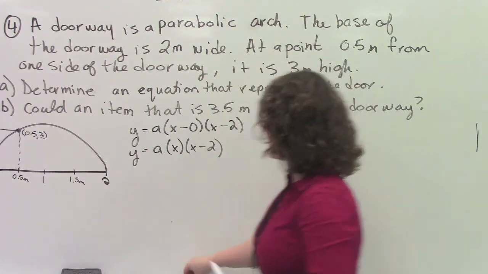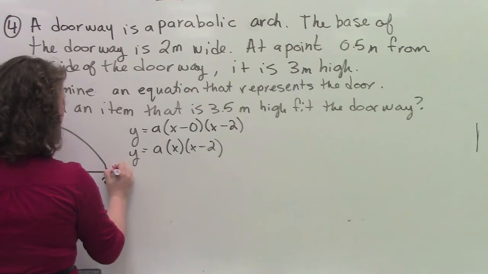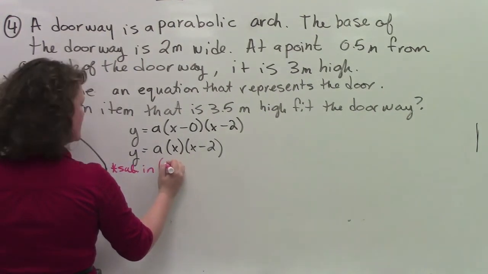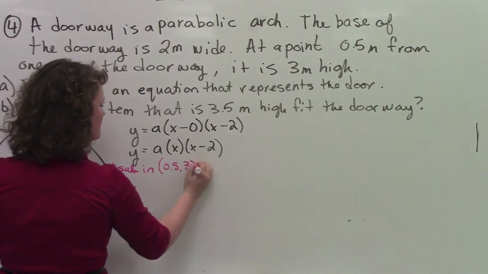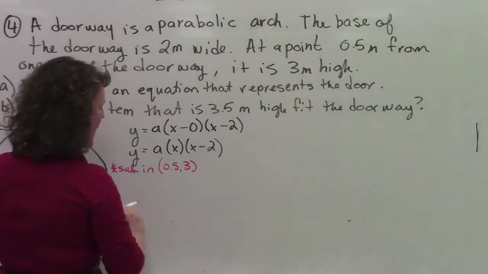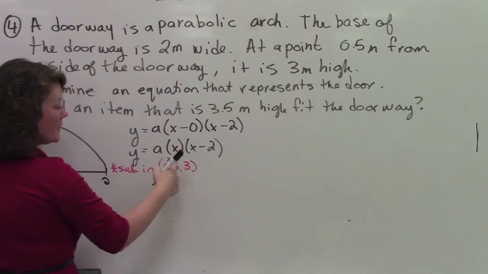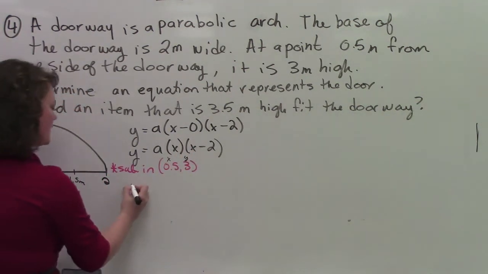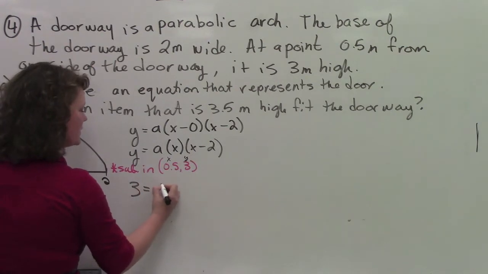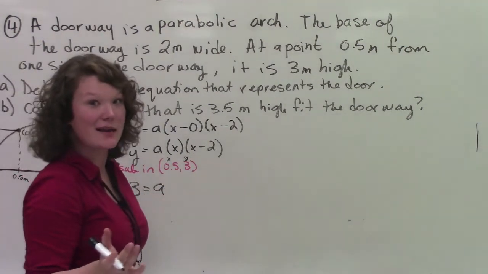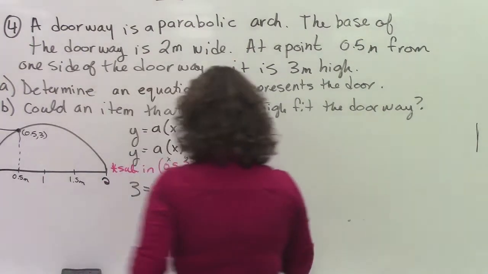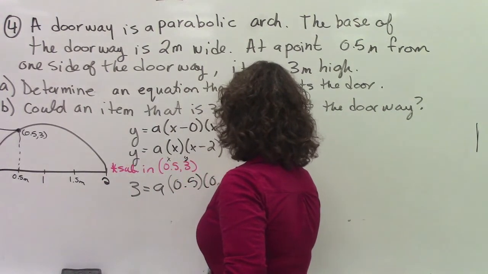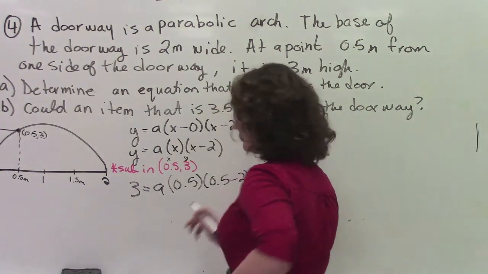So what I want to do at this point is sub in (0.5, 3). For my x, I'll sub in 0.5, and for my y I'm going to sub in 3. So I'm going to say 3 equals a, I don't know what a is, that's the whole point of what I'm solving, a times 0.5 times (0.5 minus 2).